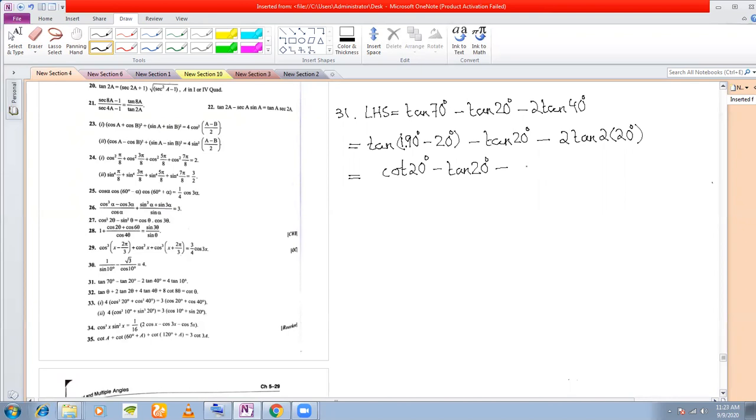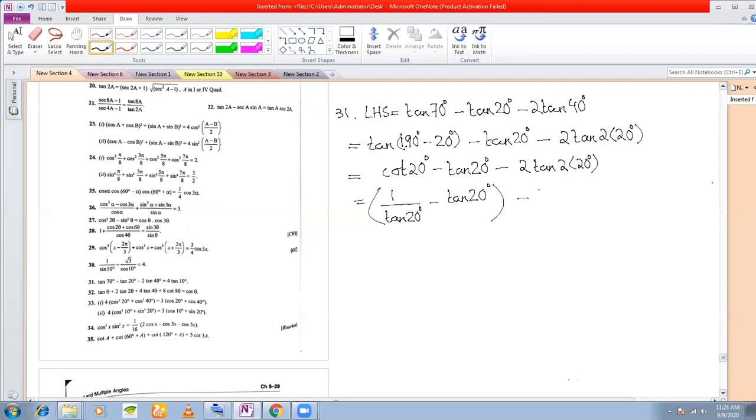minus, now this is 2 tan 2 theta. And what is the formula for tan 2 theta? Let us keep it as it is for the time being. We'll change it later, if need be. Okay. So what you do here is you write cot as 1 by tan 20 minus tan 20 degree.